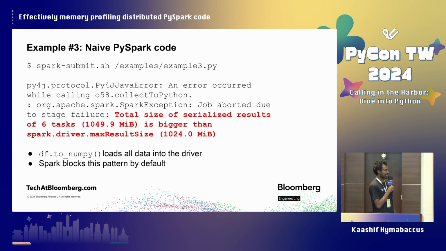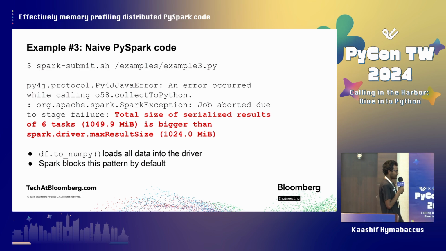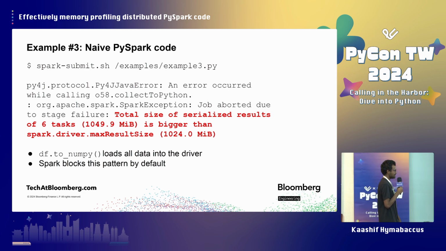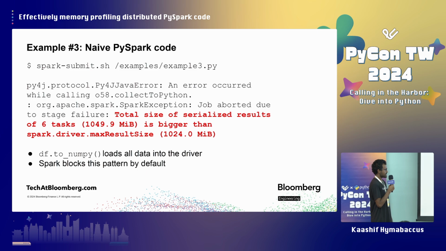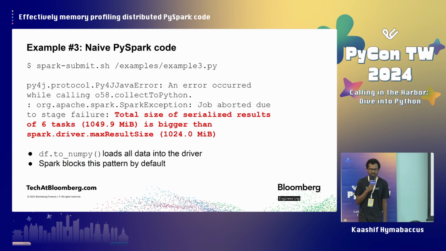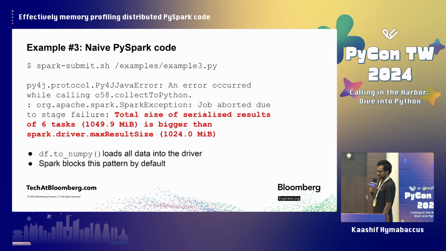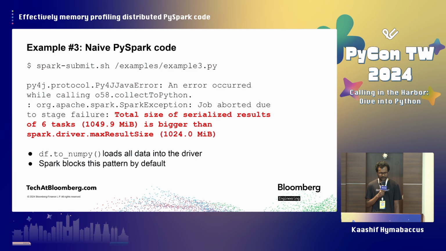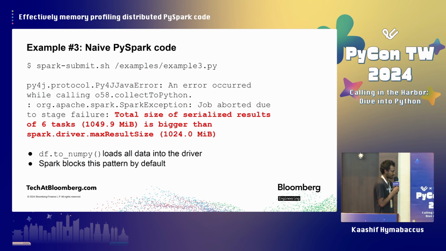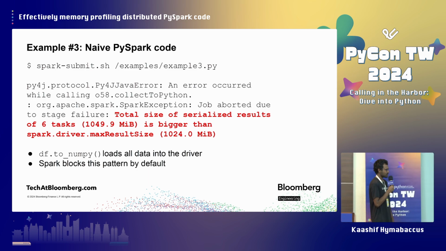And this comes from the collect-to-Python function. The error we get here is a really Java-looking exception. The error is that the size of the serialized results of 6 tasks, so we ended up having 6 workers in our Spark cluster, is bigger than the Spark driver max result size. The problem here comes from the fact that df.to_numpy loads all of the data into the driver process.